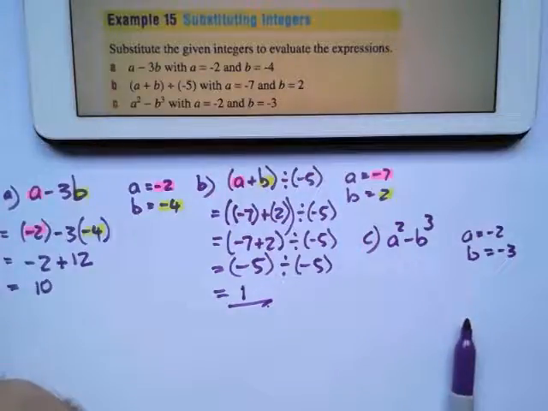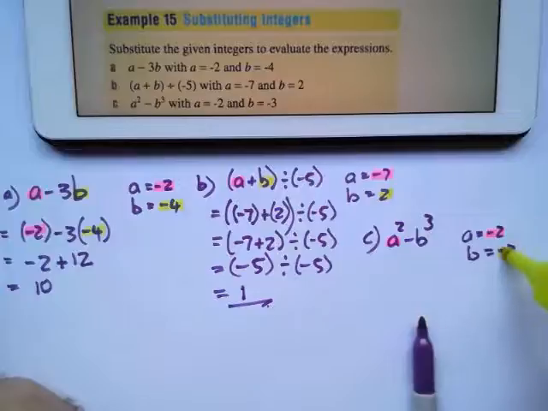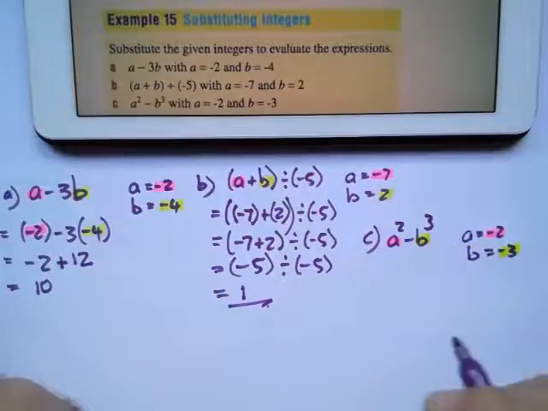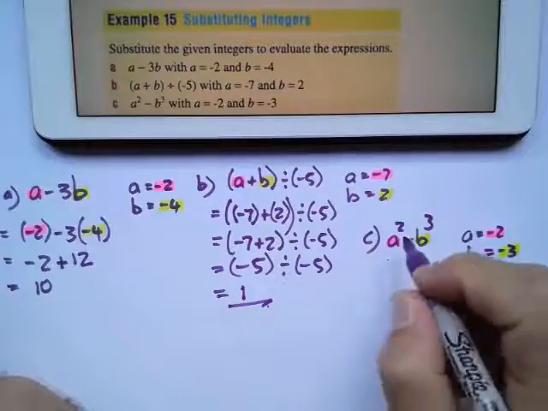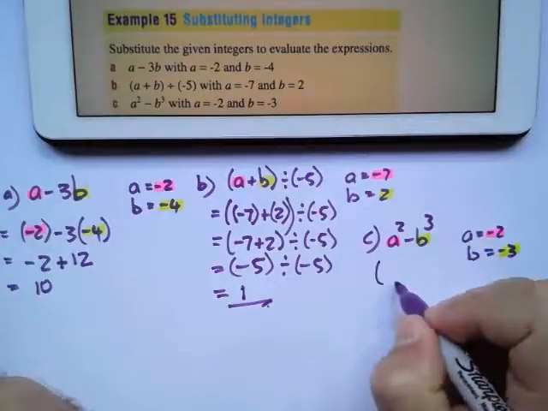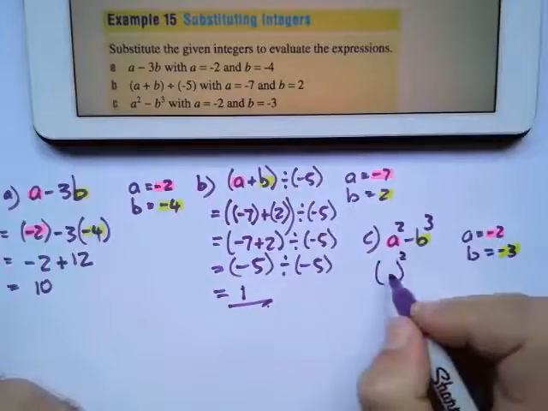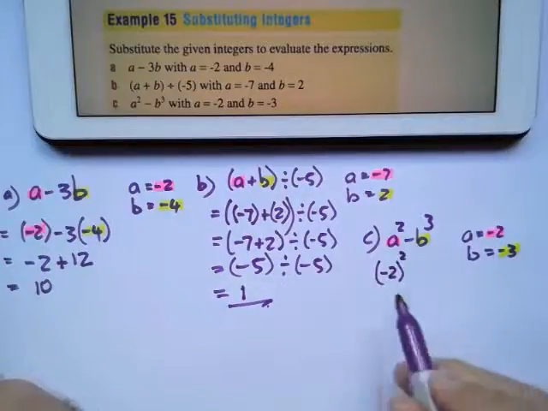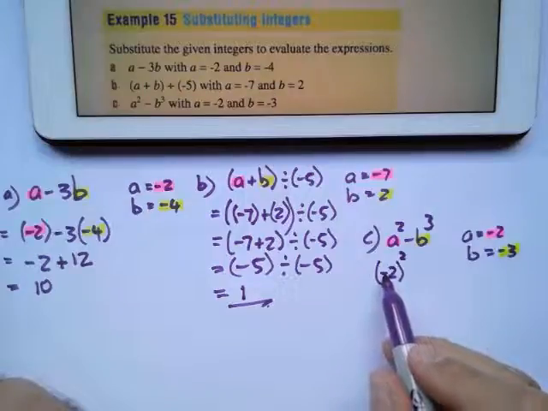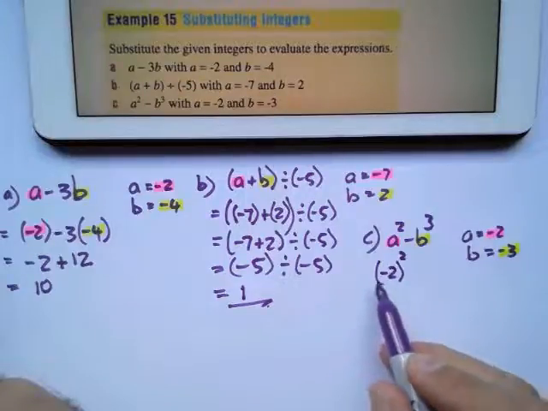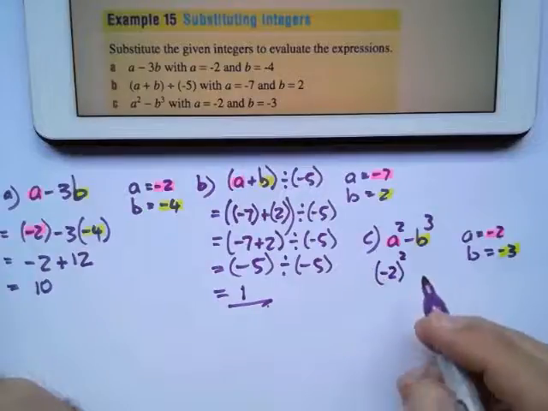So I'm going to say a is negative 2, b is negative 3. Brackets are very important. So a is a bracket squared, and a is negative 2. It's important because if you don't have the negatives inside the bracket, your answer is going to be the wrong sign.